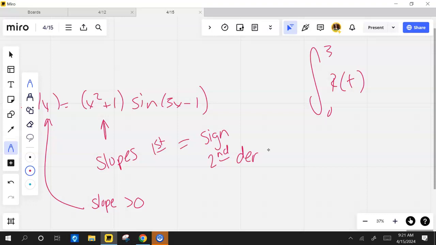83, acceleration. It's wanting to know when the particle's velocity is decreasing most rapidly. So I'm looking for the biggest negative slope of velocity there. Or the easier way to look at that is the lowest value of acceleration. When acceleration hits a minimum, that's when the slope of the velocity hits a minimum.